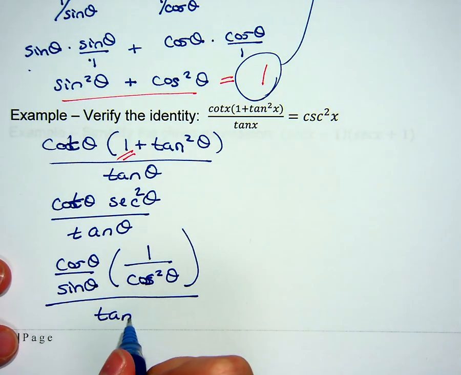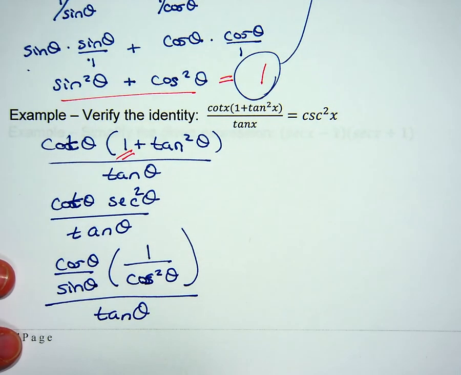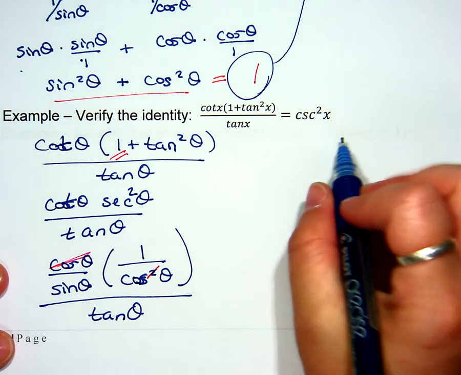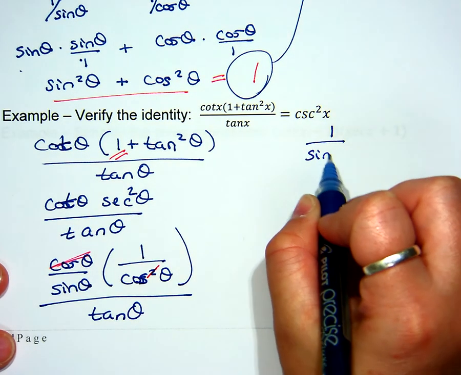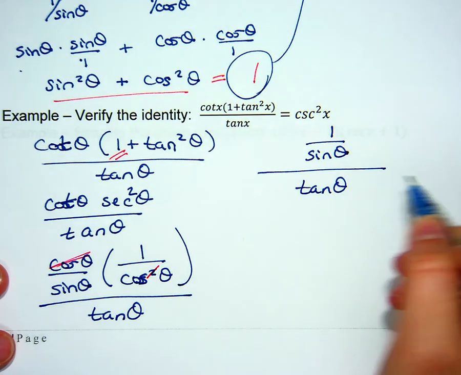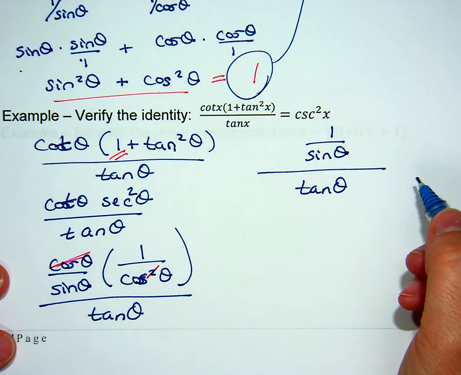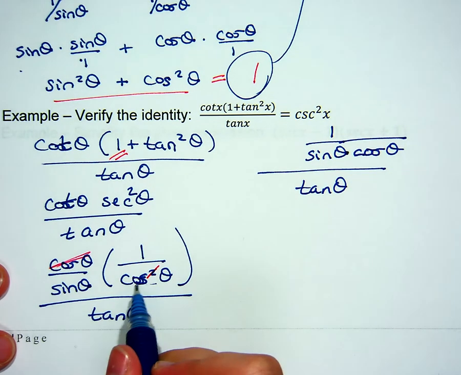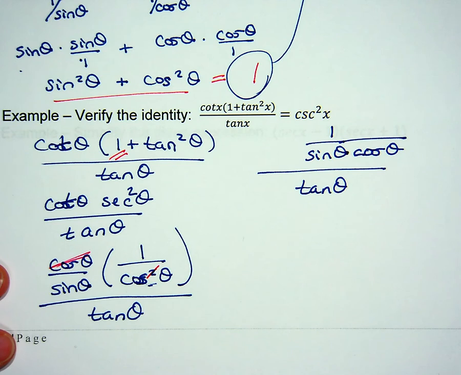We still have our denominator here. Well, what happens? One of these cosines cancels with this one. So I have 1 over sine cosine. That's right, because only one canceled here.